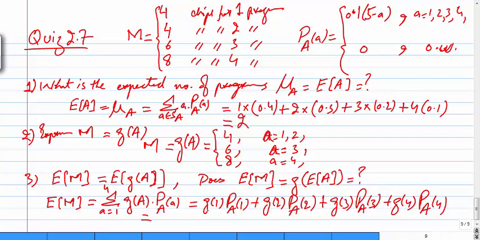Now g of 1 is 4, so 4 multiplied by 0.4, plus g of 2 is again 4, times 0.3, plus g of 3 is 6, so 6 times 0.2, and lastly g of 4 is 8, so 8 times 0.1. When we solve it, the result becomes 4.8.